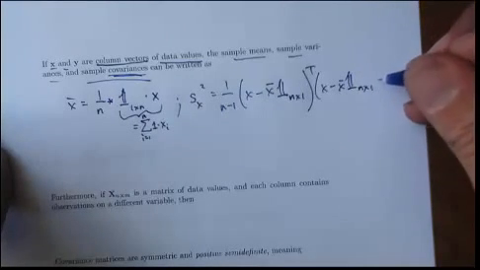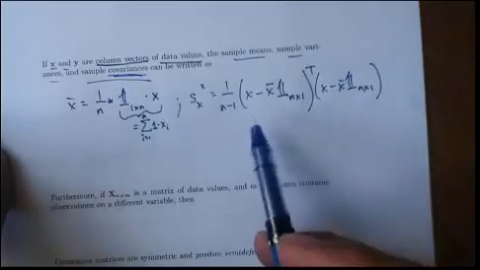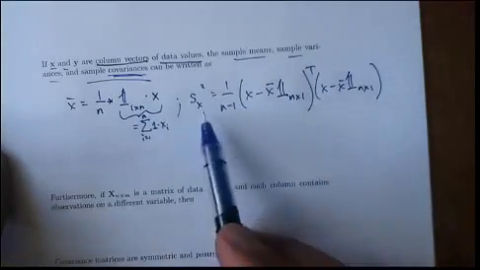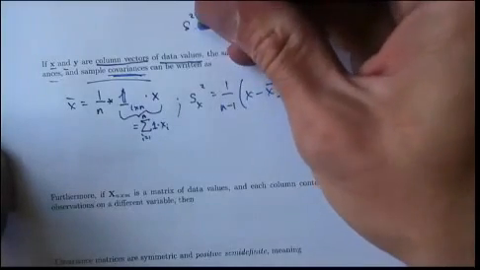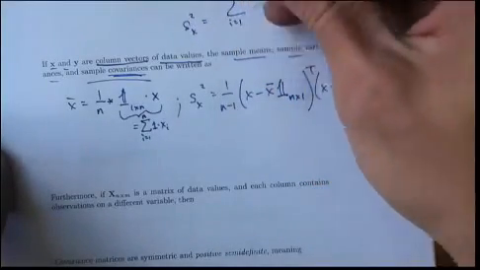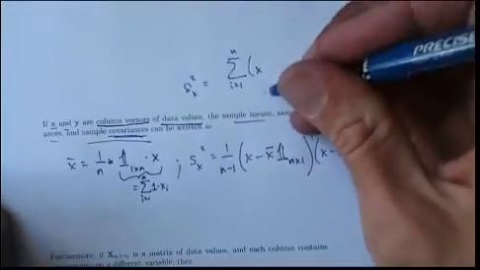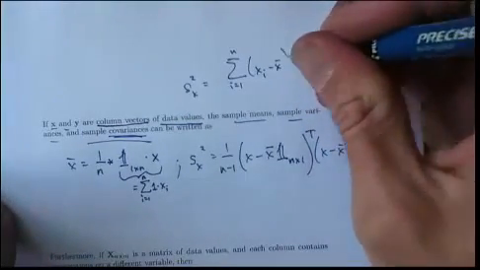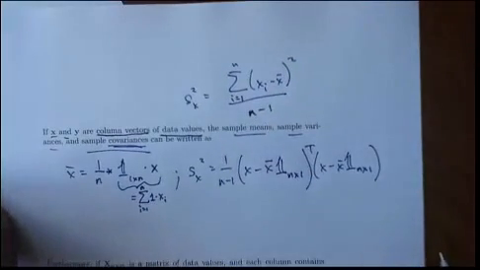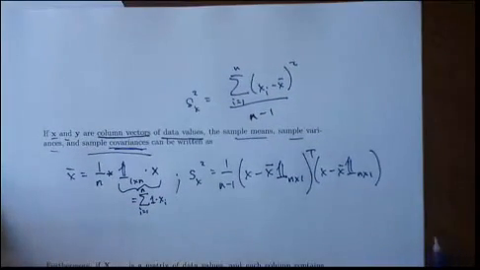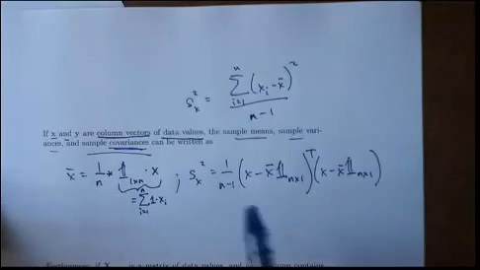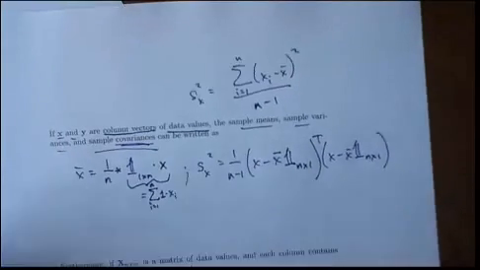You may need to write out the matrices and vectors, but make sure you understand that this is in fact consistent with the formula where the sample variance is the sum of xi minus x bar squared over n minus 1. So you want to check that these two are actually the same thing.